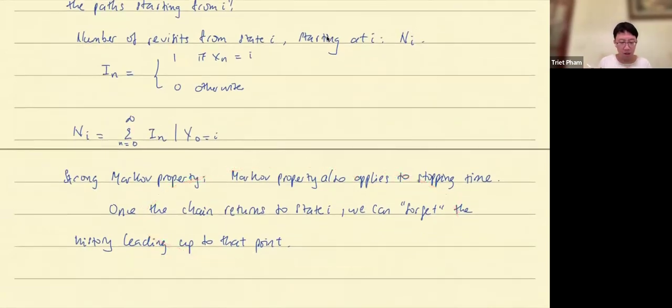If you carefully think about it, the strong Markov property is a subtle thing that needs to be proven rigorously. We're not going to do that here; it's rather technical. We're going to accept it as an intuitive thing that is true.